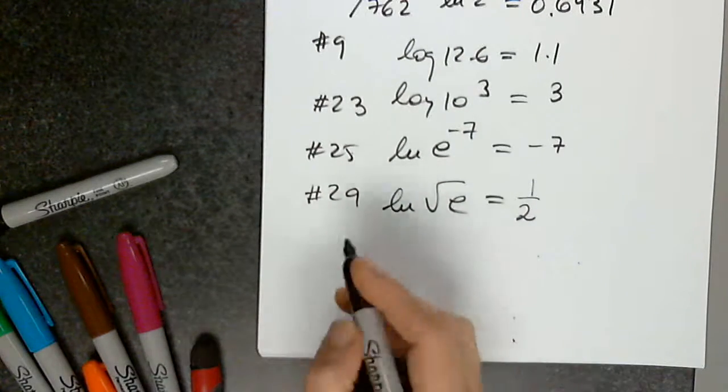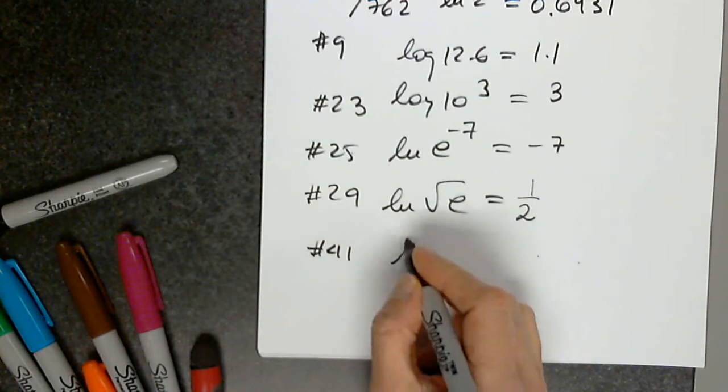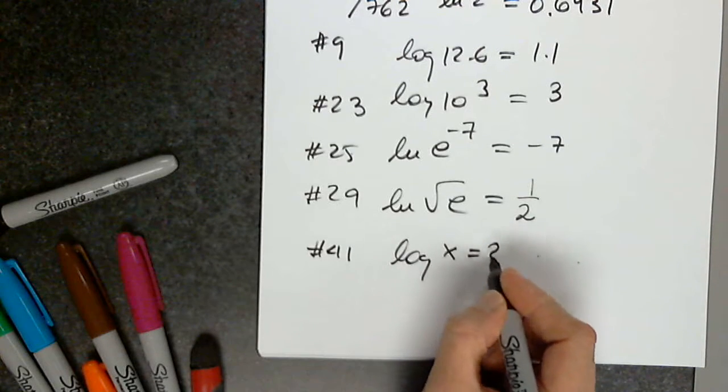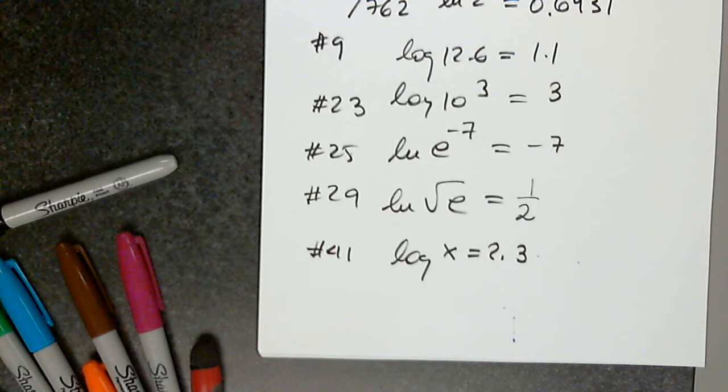Okay, let's take a look at 41. Log x equals 2.3. I don't have anything. Say it again. Yes, it's ln x, natural log. ln is this one. Good.